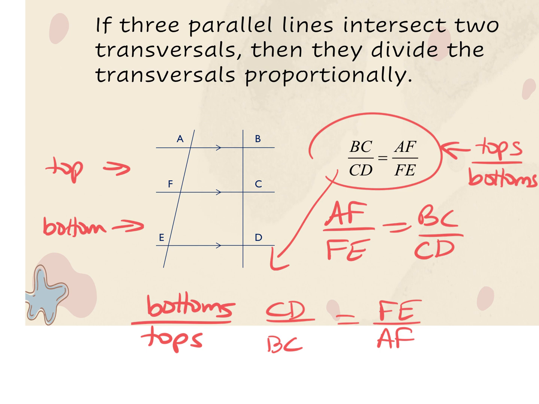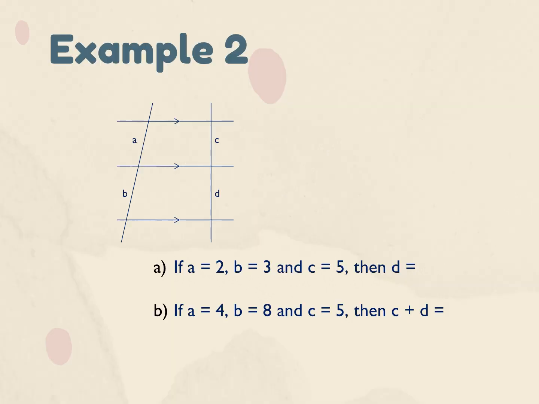So let's go ahead and try some examples applying this theorem. Example 2. Notice here we've got three parallel lines and two transversals. Now I'll do part A. I'll label all of these numbers for the variables in red. So A is 2, B is 3, C is 5, and we don't know D. Again, I'm going to set up my proportion top over bottom.